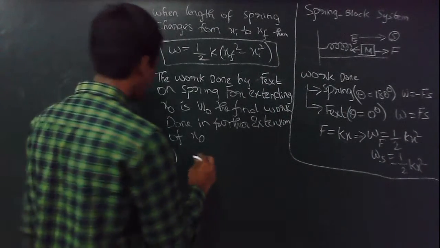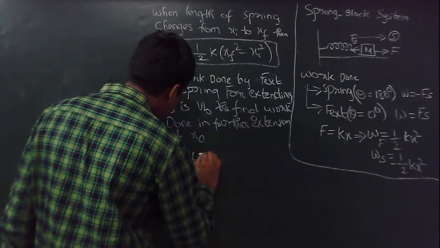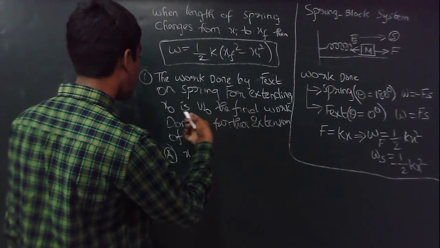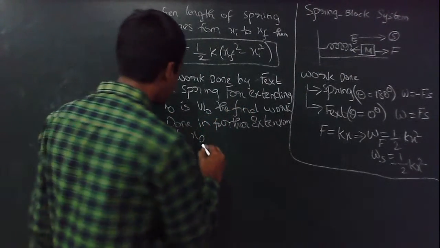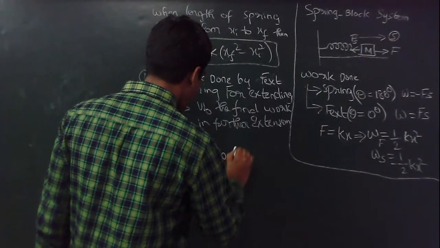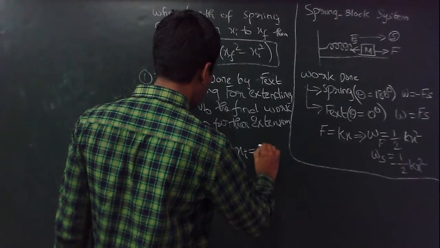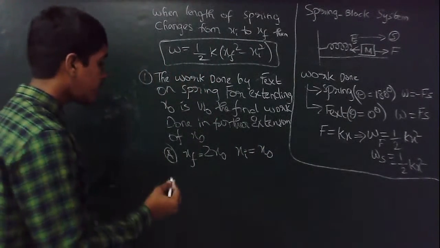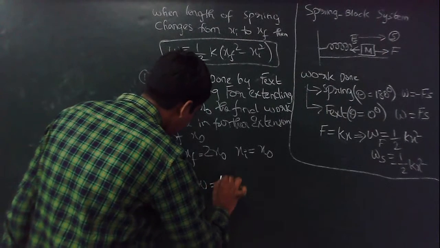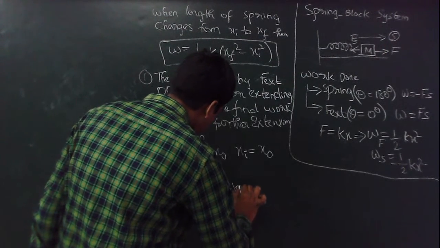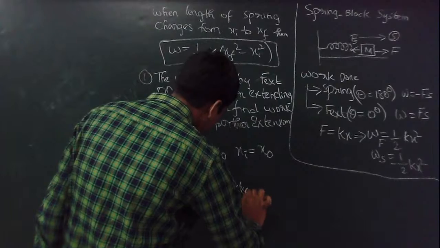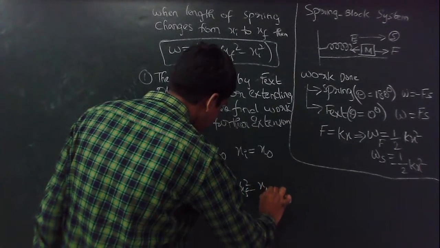Let's see: xf is equal to x naught plus x naught, which gives 2x naught, and x initial is equal to x naught. Now the work done W dash is equal to half into k into xf square minus xi square.